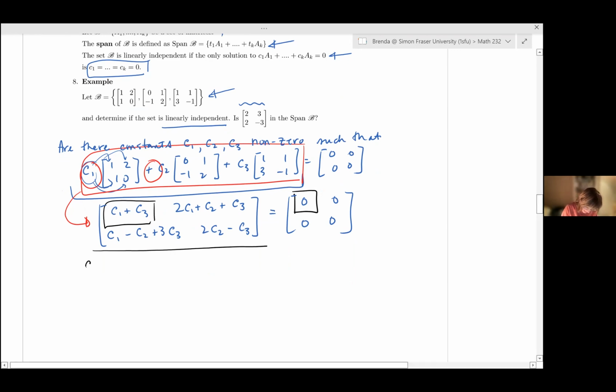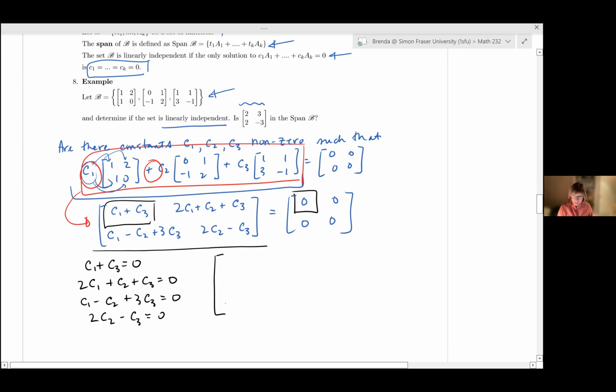That tells me that C1 plus C3 must be 0, 2C1 plus C2 plus C3 must be 0, C1 minus C2 plus 3C3 must be 0, and finally 2C2 minus C3 is equal to 0. So I've got 3 unknowns and 4 equations. I can now set up a new matrix that I'm going to row reduce in order to find the values of C1, C2, and C3.